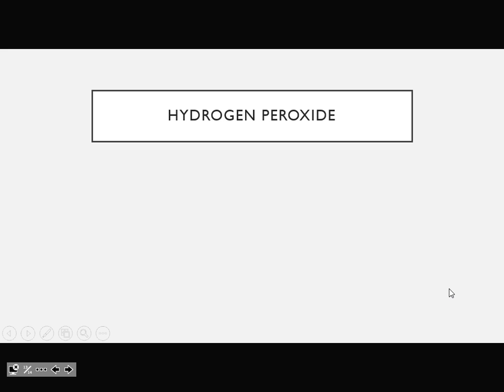Okay, so it could be hydrogen ion, it could be the hydride ion. Now, how can I tell whether it's a plus or a minus? Well, I rarely see hydrogen as a negative ion. I've seen it before, but very rarely. The majority of the time, it is the positive.